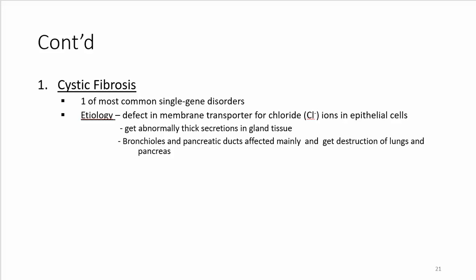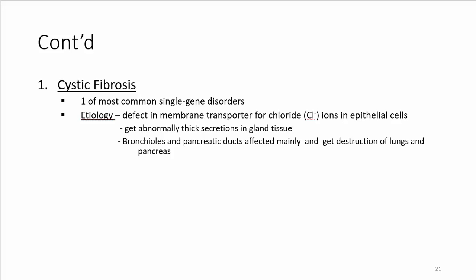The places where it seems to manifest the most are in the pancreatic ducts and the bronchioles. People with cystic fibrosis often have problems of the exocrine function of the pancreas, not endocrine, and have problems with their lungs.